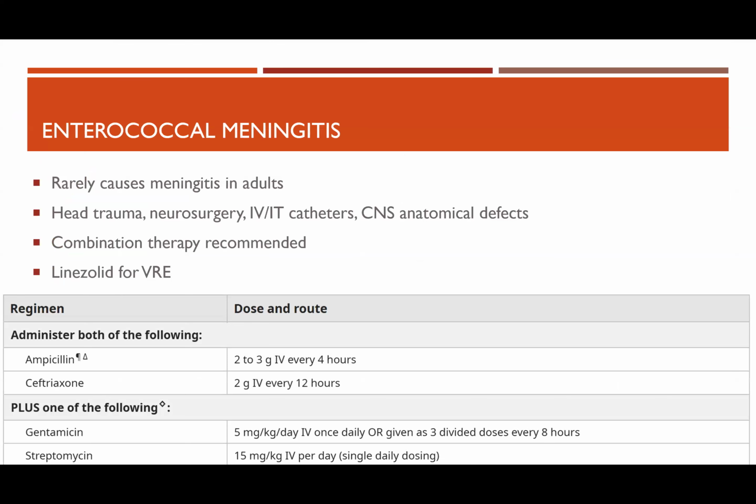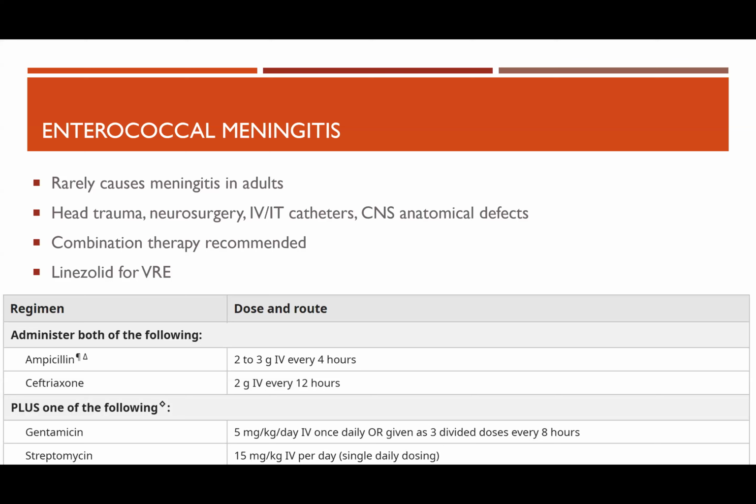In terms of meningitis, enterococci rarely cause meningitis in healthy adults, and most cases occur in patients with head trauma or neurosurgery, intraventricular or intrathecal catheters, or even anatomical central nervous system defects. It can be seen in the setting of neonatal sepsis and has also, interestingly, been associated with strongyloides hyperinfection.